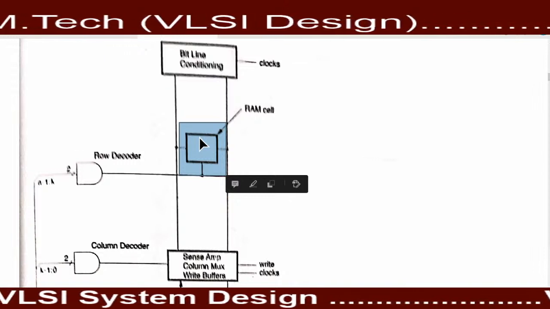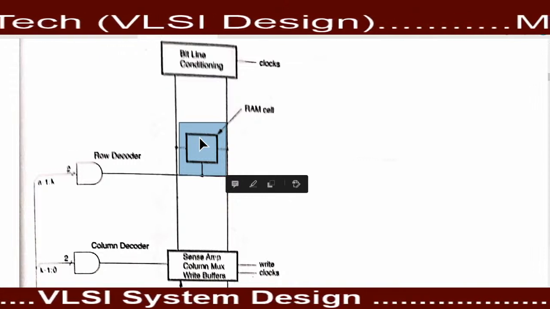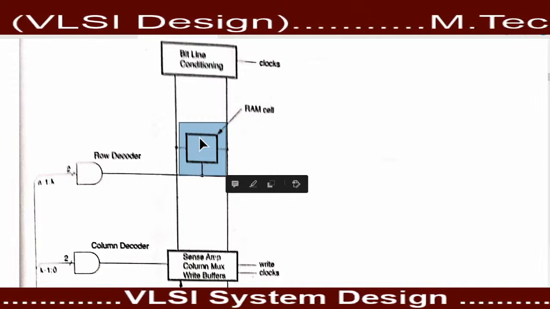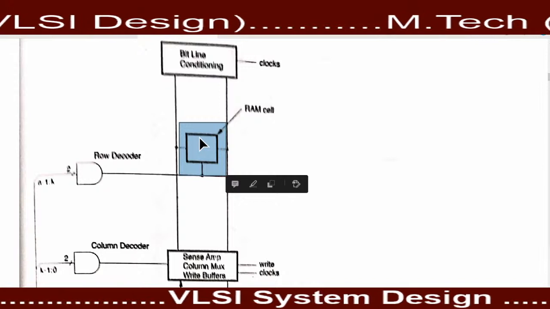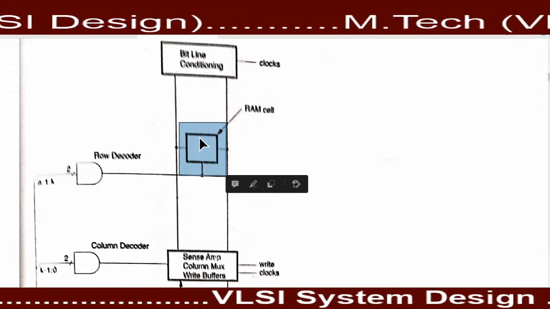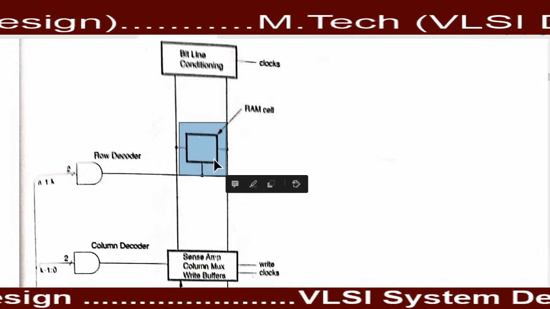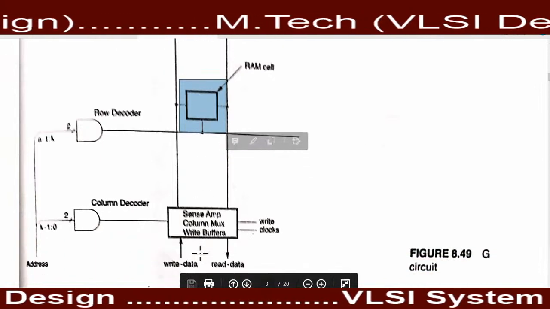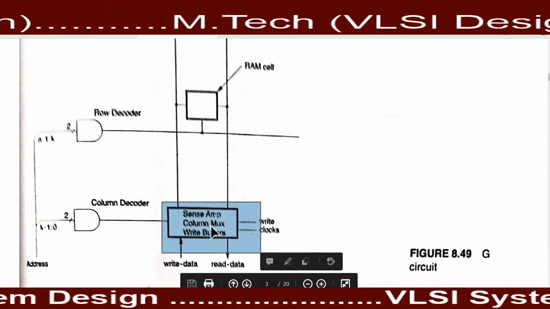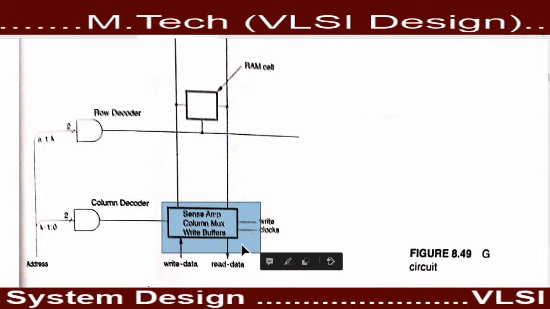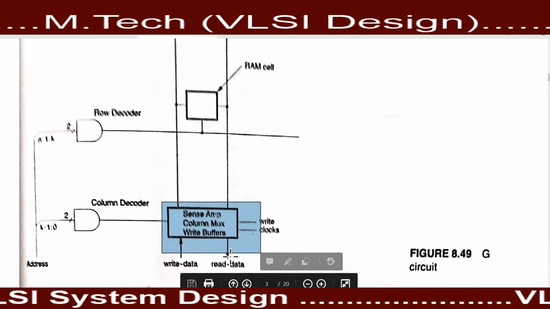We can implement this cell using a flip-flop only. We can also implement it using a combination of transistor and capacitor. For accessing the data stored in this memory cell, we use blocks such as the sense amplifier, column mux and the write buffer.